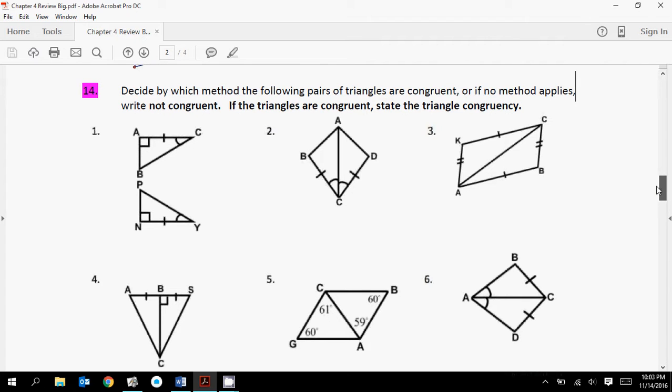You're marking the diagrams based on what you see visually, and then deciding if it's side, side, side, side, angle, side, or whatever. You also have to name the triangles. That's the triangle congruency, that congruent statement.